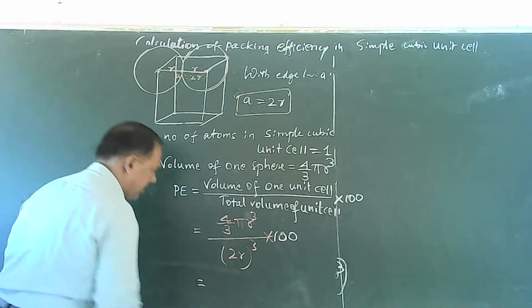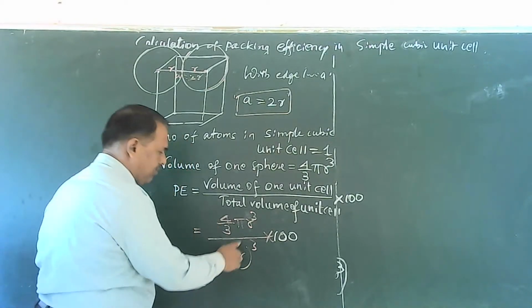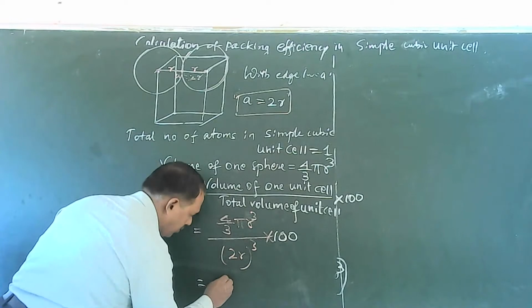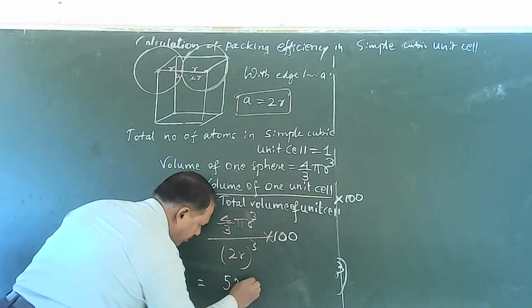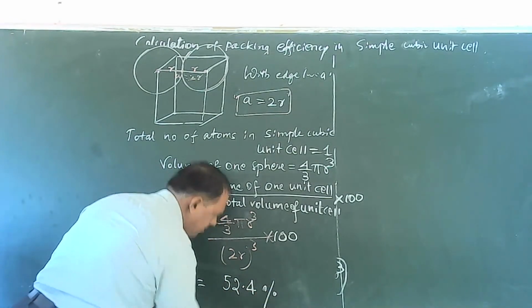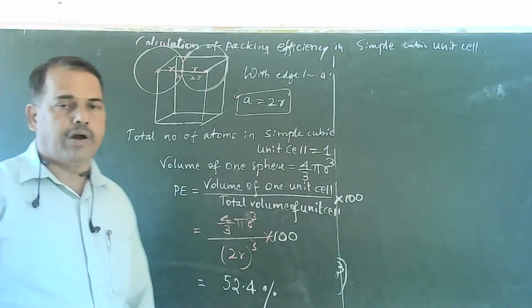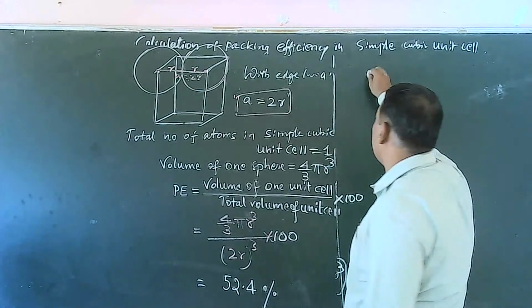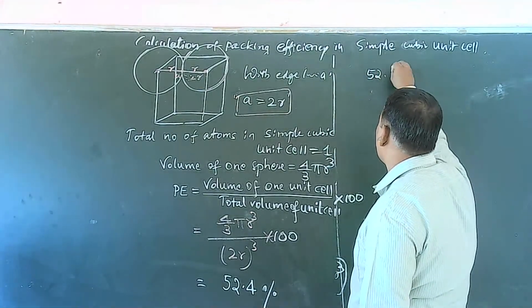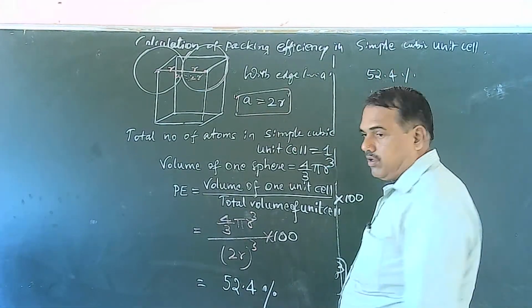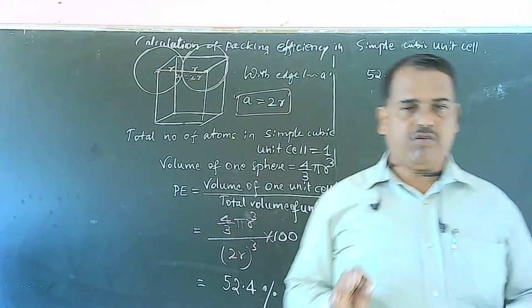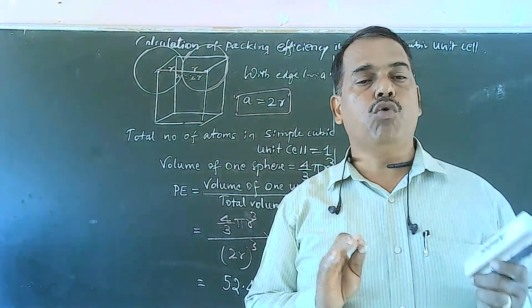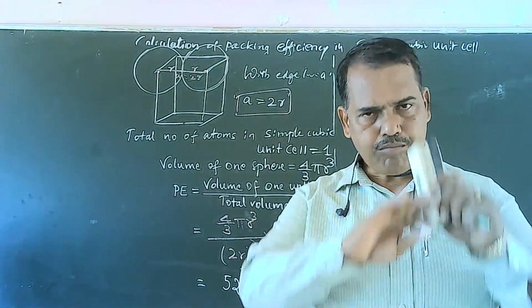So you got the value as 4 by 3 pi divided by 8, and you will get 52.4%. So therefore packing efficiency in simple cubic is 52.4%. So therefore the space filled is only 52.4%.